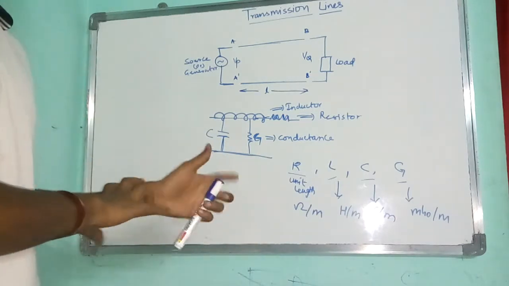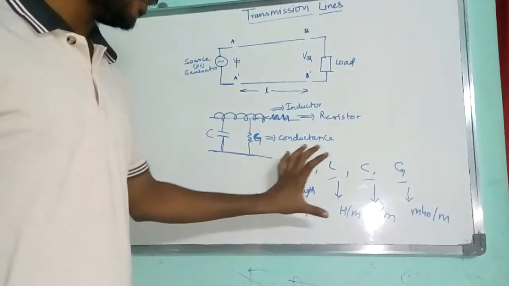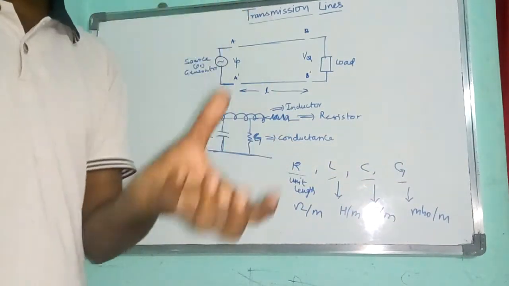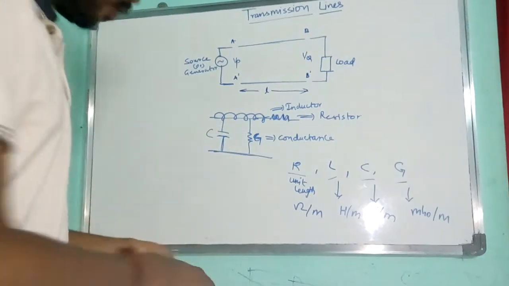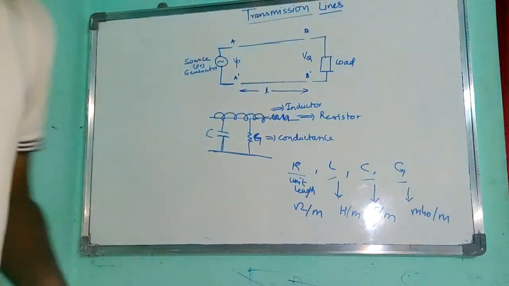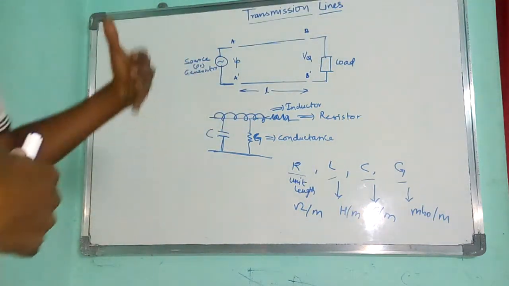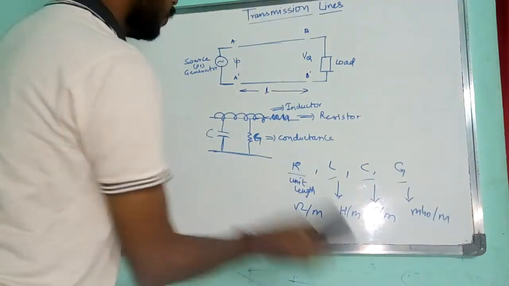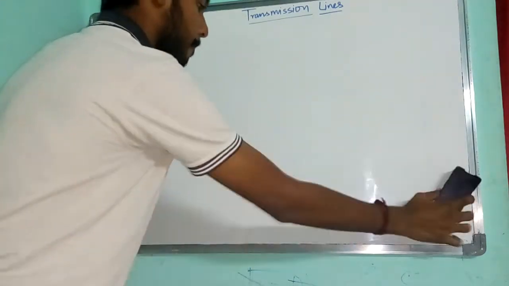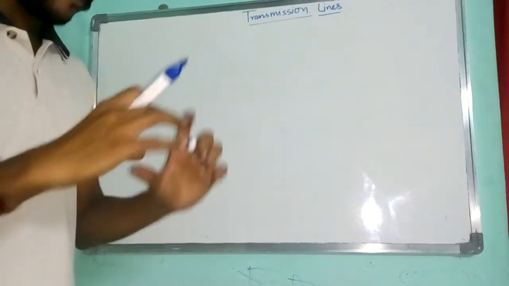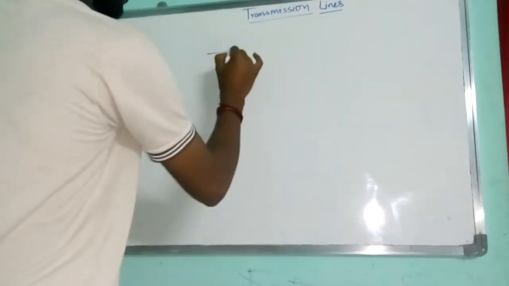Now next is the case that we got the elements present in some part of the transmission line. Now the next thing we need to do is to derive the equations which are governing this transmission line. So I'll take a transmission line part, and it looks like this.